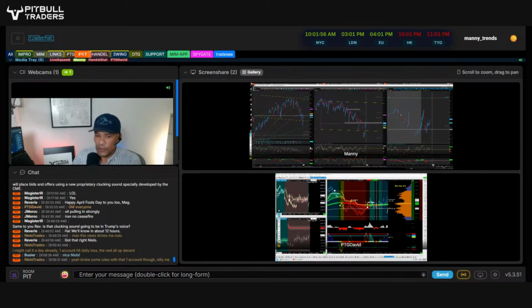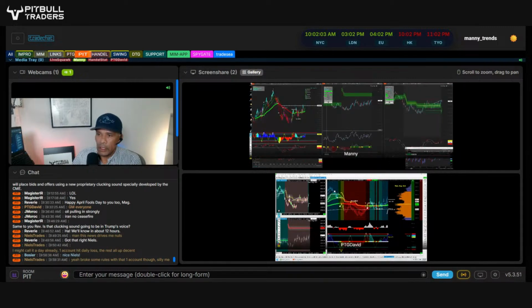Again, we're looking for that early high pivot into 10 or 10:30, opening the daily open. We've tested below it and we've rallied above it.